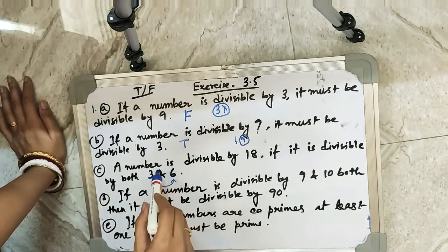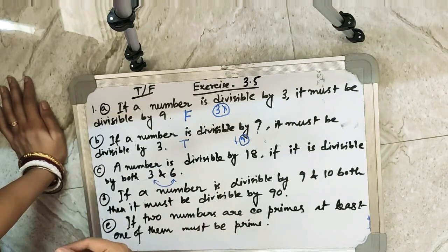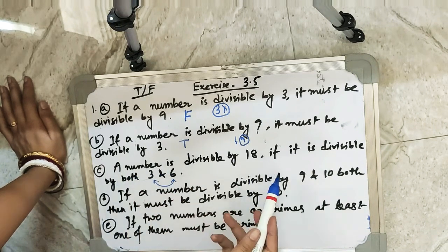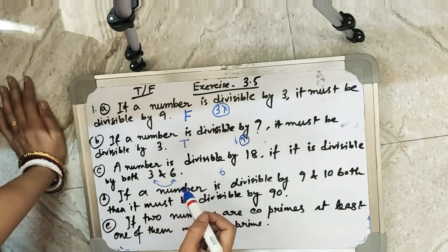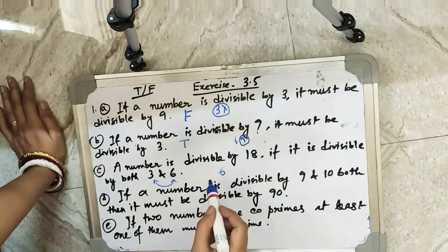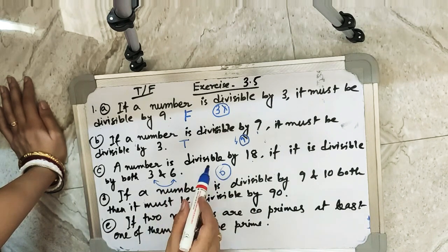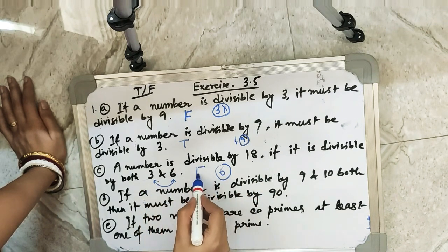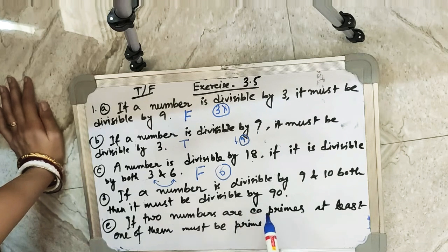Here 3 cross 6 is 18, but 3 and 6 are not co-primes. 6 is a number which is divisible by both 3 and 6, but 6 is not divisible by 18. So the statement that a number is divisible by 18 if it is divisible by both 3 and 6 is false.